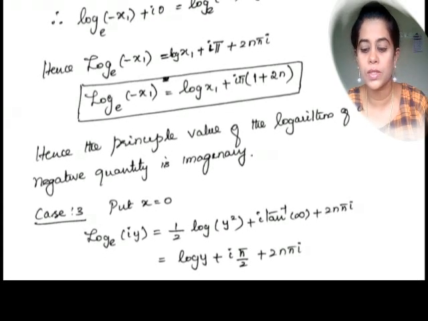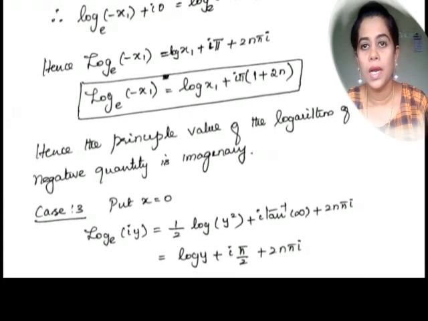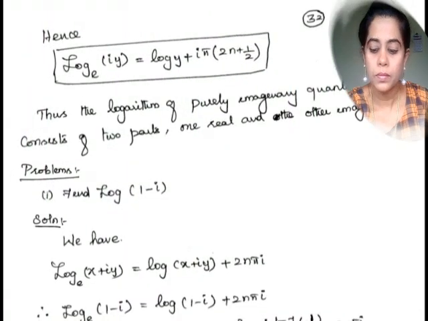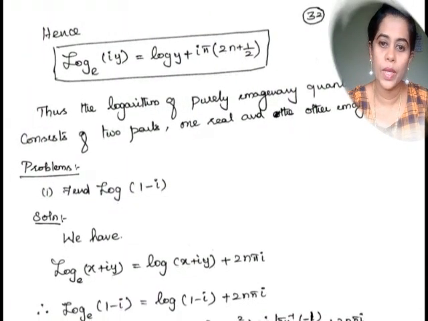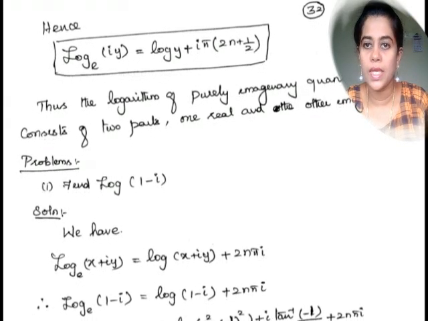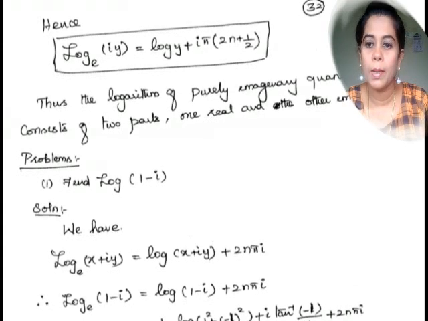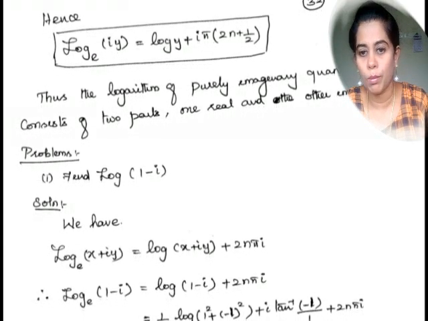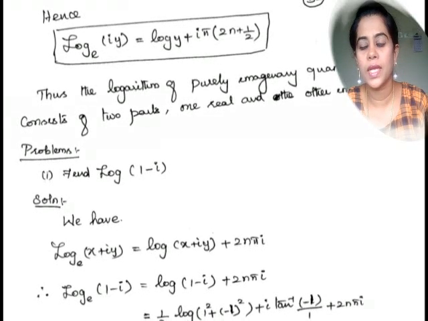So therefore we are getting log y plus I pi by 2 plus 2n pi I. From that we can write log iy to the base e equal to log y plus I pi of (2n plus 1) by 2. This is the general case.